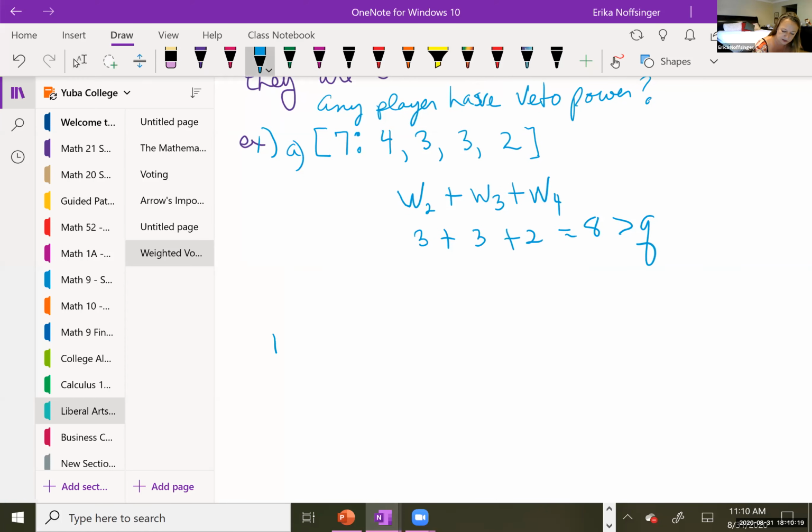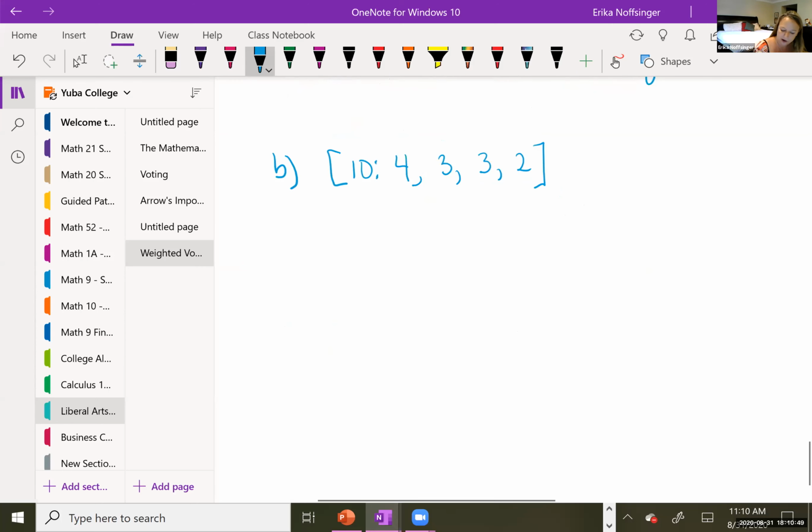So let's look at B. In this case, the quota now is 10. Player 1 has 4. Player 2 has a weight of 3. Player 3 has a weight of 3, and player 4 has a weight of 2. Again, I want to see, can we get this motion passed if we leave out the person with the highest number of votes? If I look at the weight of player 2 plus the weight of player 3 plus the weight of player 4, and it is bigger than my quota, I know that player 1 doesn't have veto power.